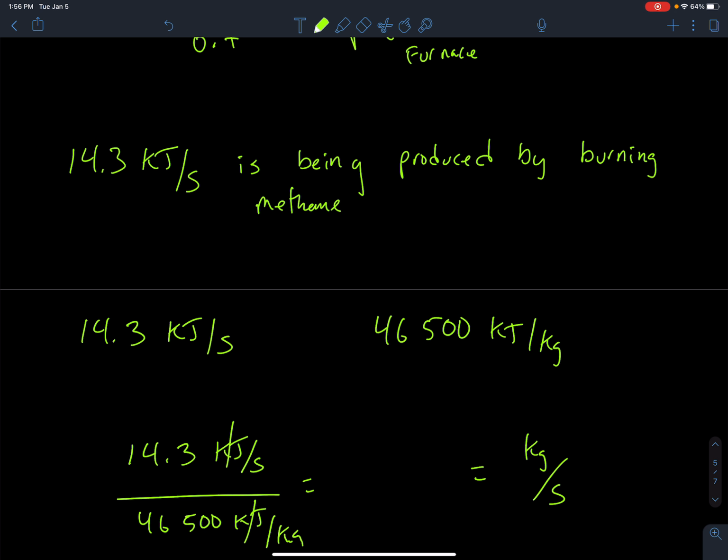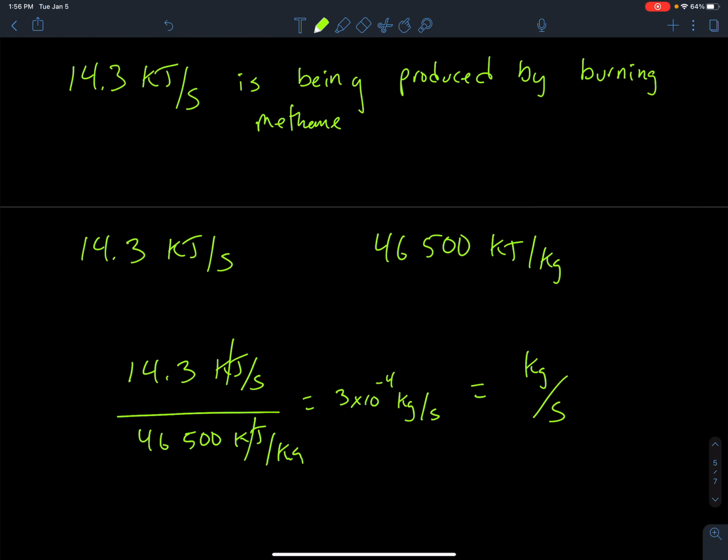So if I do the calculation, that gives me 3 times 10 to the minus 4 kilograms per second. So that furnace has to burn 0.3 grams, or 300 milligrams, per second of methane to create 10 kilowatts of heating power.